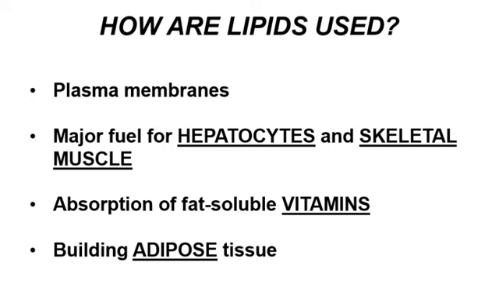Ketones that are produced when large amounts of lipids are metabolized by the body, such as in someone with diabetes mellitus or someone who is on a low carbohydrate diet, can be used as a fuel by neurons in the brain, in addition to being used as fuel by other parts of the body. Generally, lipids aid in the absorption and transport of fat-soluble vitamins in the bloodstream, because fat-soluble vitamins require a lipid carrier in the blood since they are not water-soluble. And of course, lipids are also used to build adipose tissue.